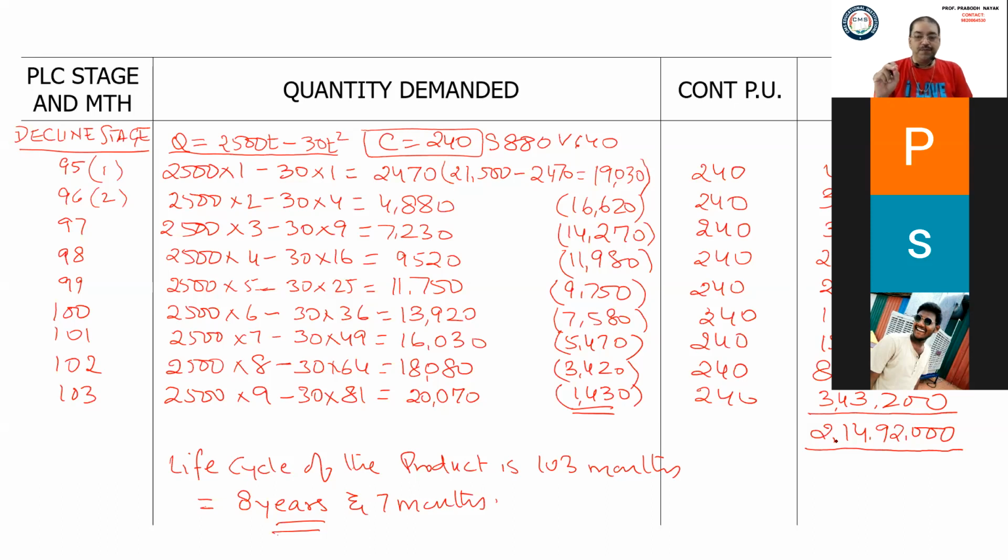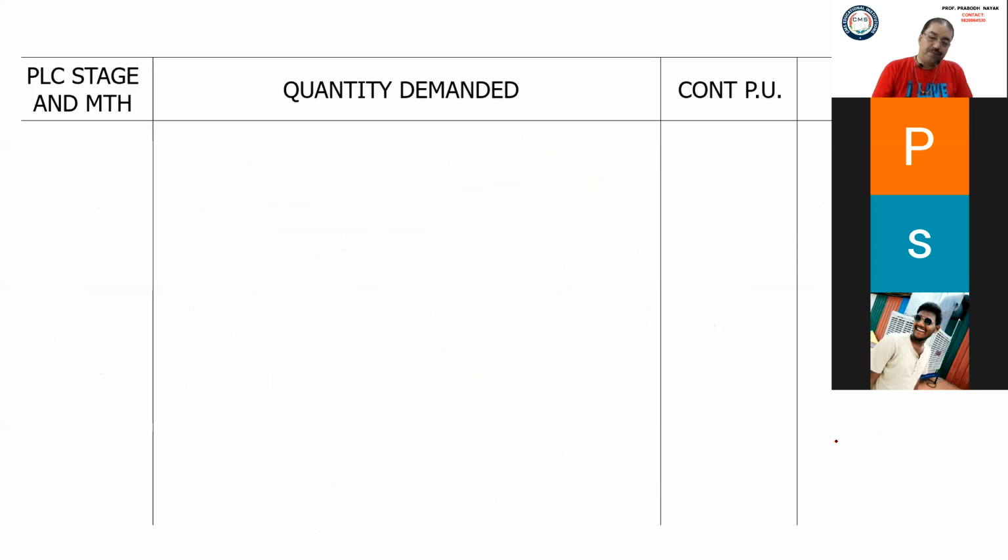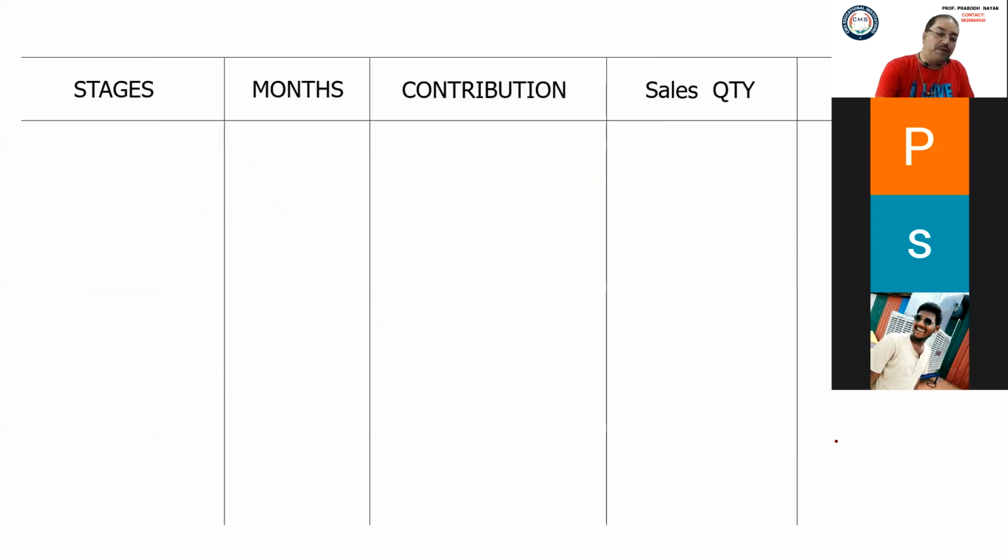Total contribution and total sales. So prepare a statement like this. Stages, months, contribution, sales quantity, amount. Stages means you write the names of the stages. Months means you write the number of months in each stage.